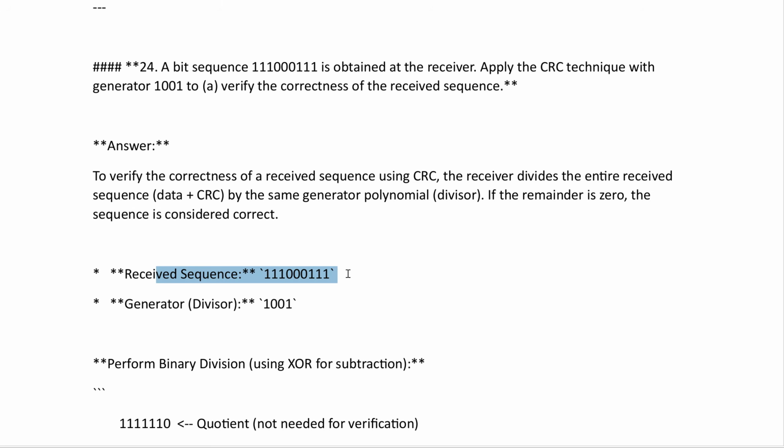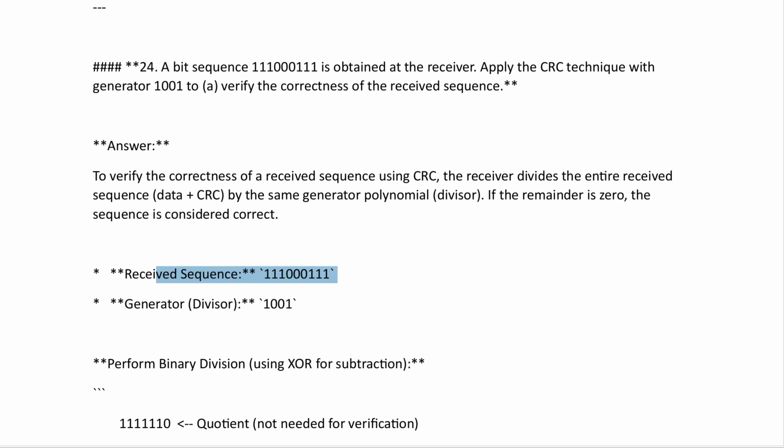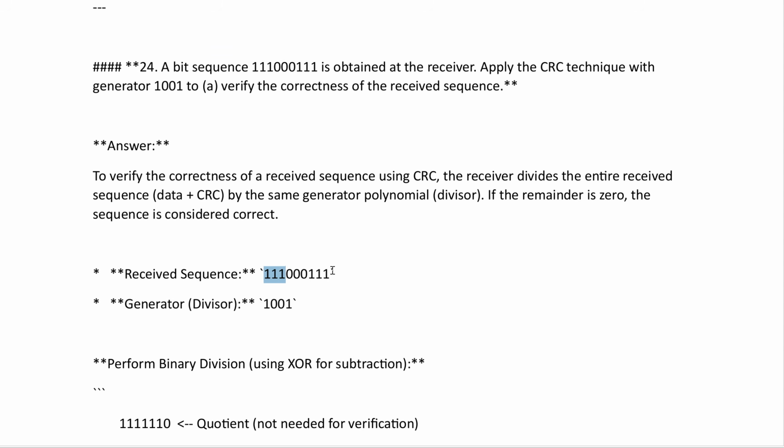The received sequence is given to us as 111000011, and the generator divisor is also given as 1001. So we will divide the received sequence by the divisor. If the remainder is 0, the sequence is considered correct.